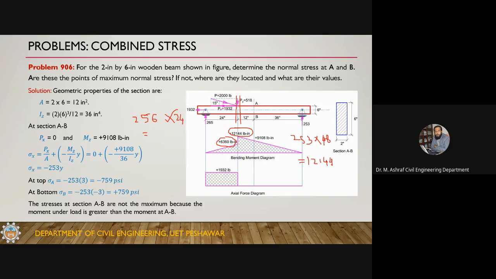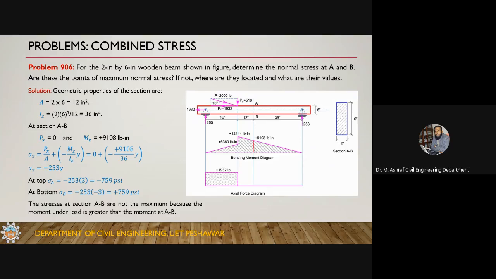If I'm calculating the moment from the right hand side, I must include this horizontal and vertical force. The vertical has no moment arm, but the horizontal force has a moment arm, so it will also result in 6360. This 1932 is causing a concentrated moment at this location. So this whole is the bending moment diagram.